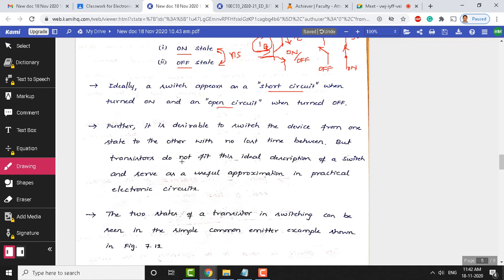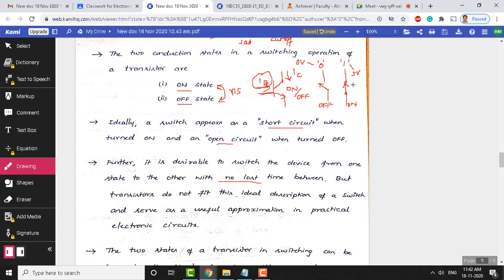But transistors do not fit this ideal description. As I am saying, within no time the movement should happen, but reality is different. It takes some time to move from the on state to the off state and from the off state to the on state. Now, let us see the factors which are affecting the movement between these two states. Why are transistors unable to move quickly between the off state and the on state?